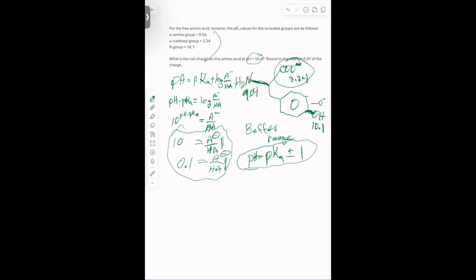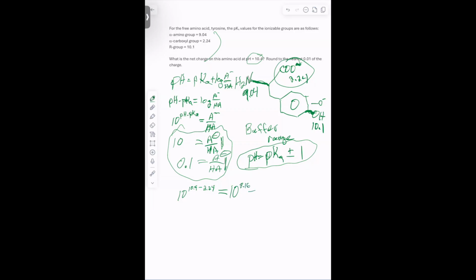So if we have 10 to the 10.4 minus, what did we have? 2.24. That's going to be equal to 10 to the 8.16 power.